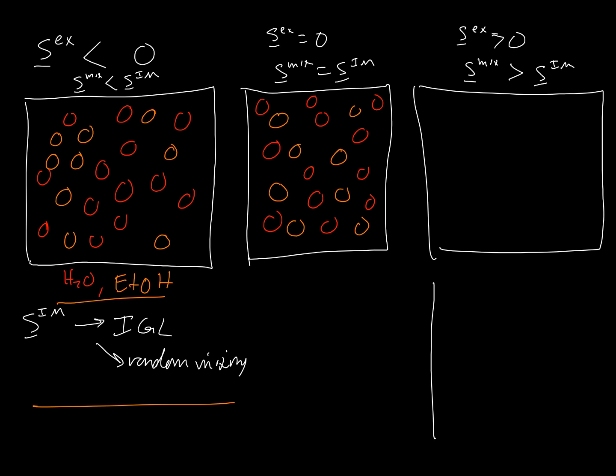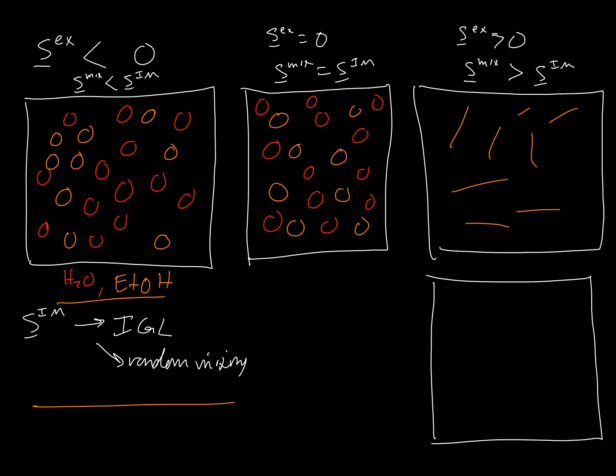I'm going to draw out two different scenarios, and we can determine which of these two are going to necessarily have positive excess entropy of mixing or not. I'm going to say that we have rod-like molecules. So not spherical ones, but let's say big, flat molecules.